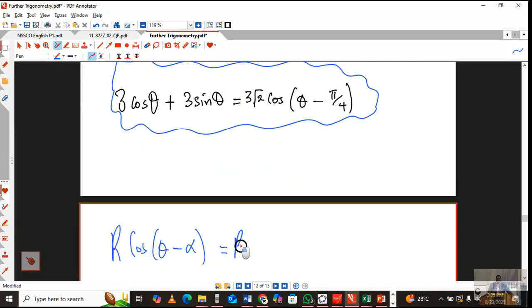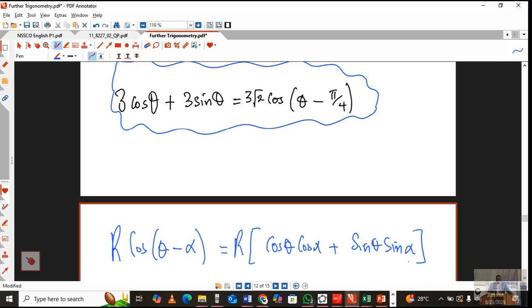So I'm going to have that r out now. I'm going to have cos theta. Now, if you know how to use your sum and addition formula, it's cos theta times cos alpha plus, because it's a negative, sine theta sine alpha.